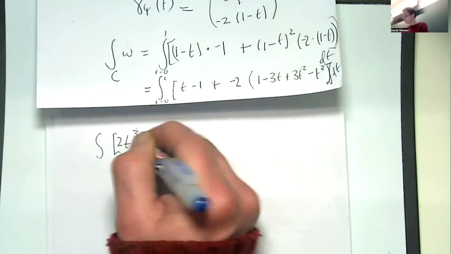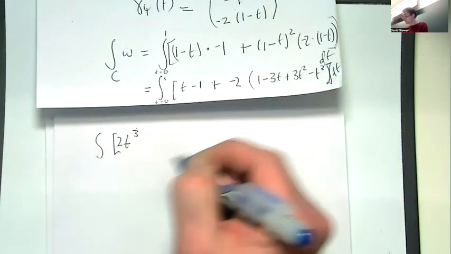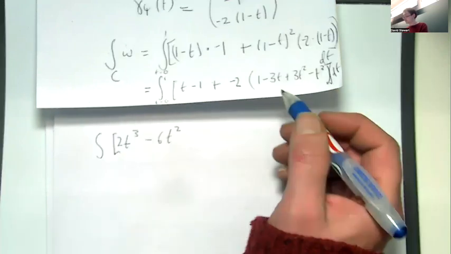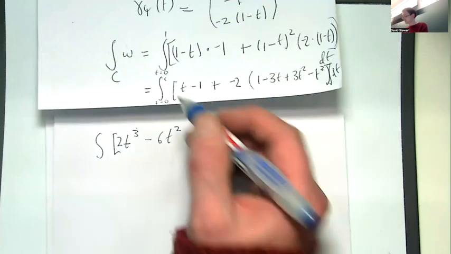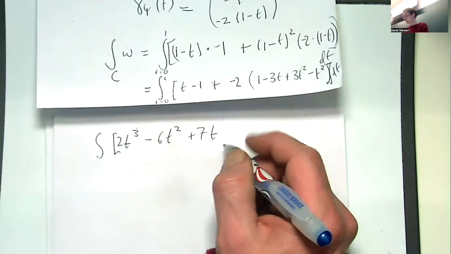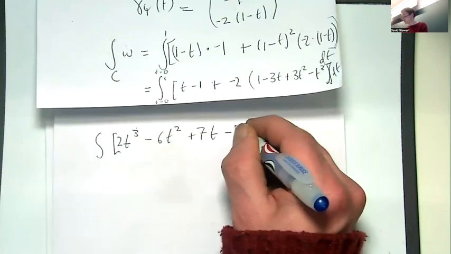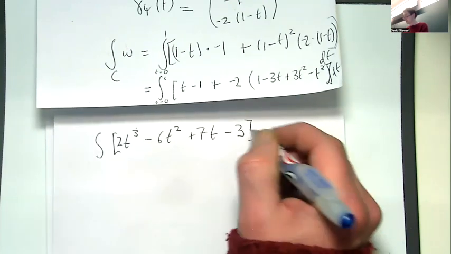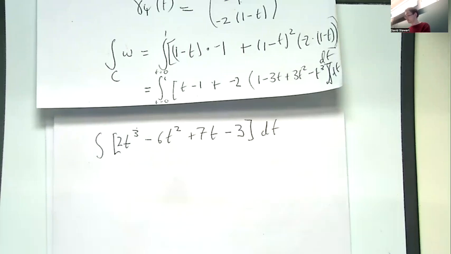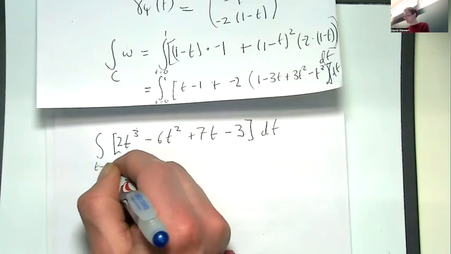2t cubed. The squareds, we've got -6t squared. For the t's, we've got 6 plus 1 is 7t. And then we've got -1, -2, which is -3. And we have to integrate all of that dt, again, from 0 to 1.